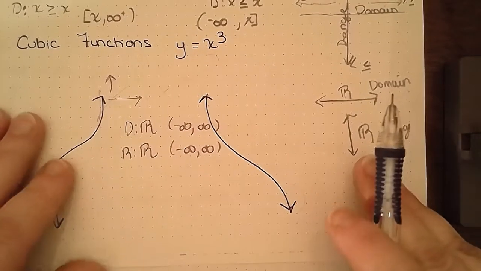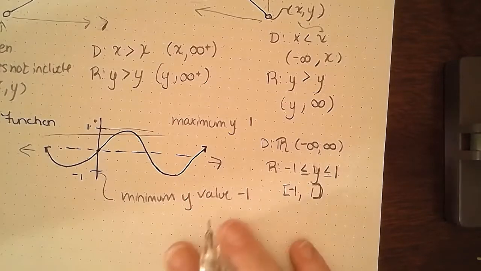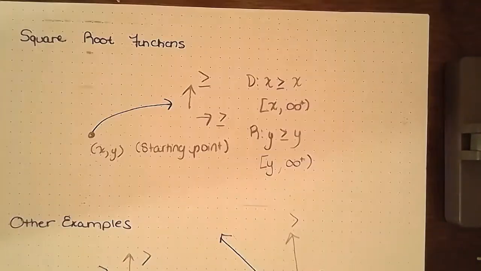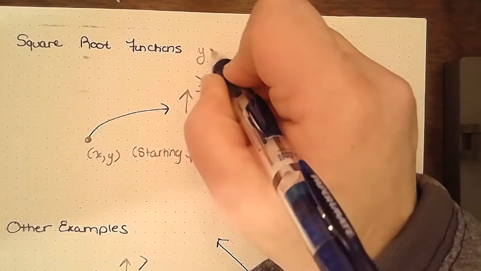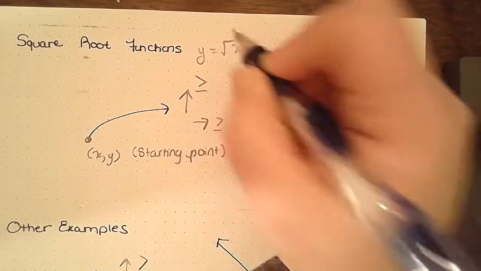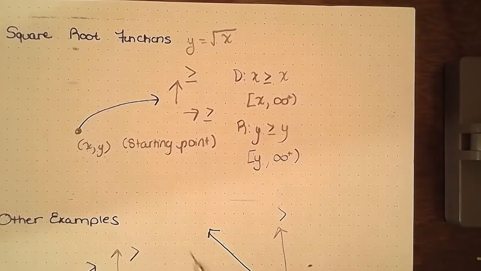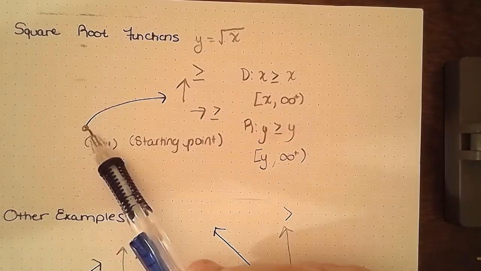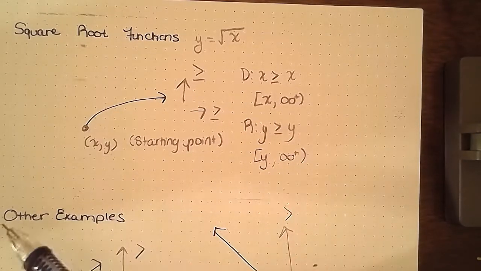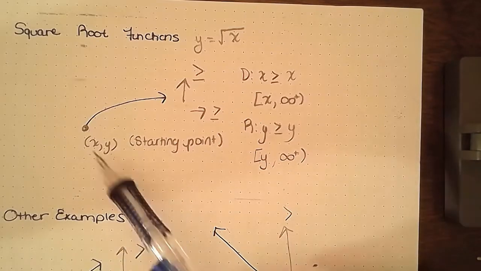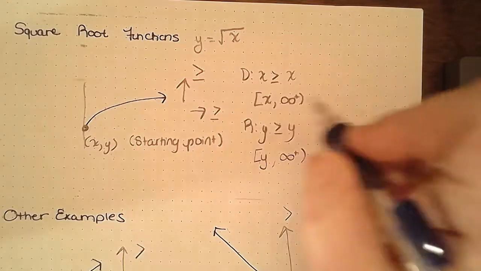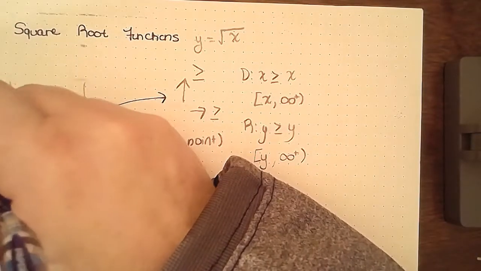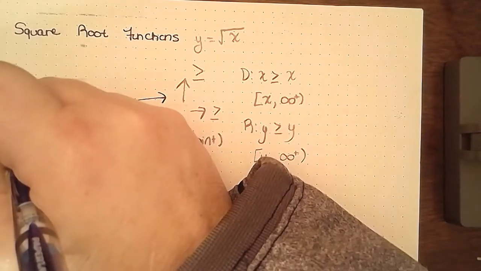Okay? Now, some other examples of functions that you guys are going to see, not a lot, but one is the square root function, and that's y is equal to the square root of x. Now remember, square root has to be a positive number. You can't take the square root of a negative number, at least not in Algebra 1. It's not on the real number line. So this would start at, normally it starts at 0 and it goes this way.